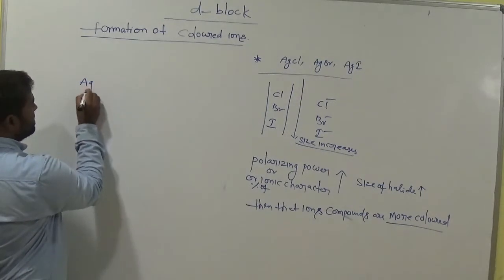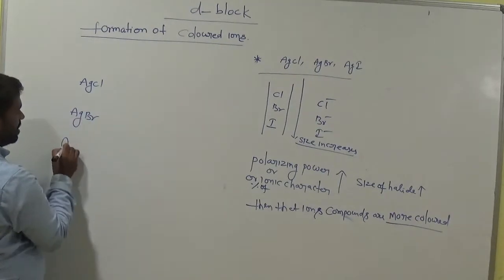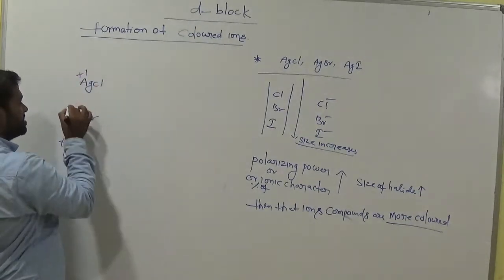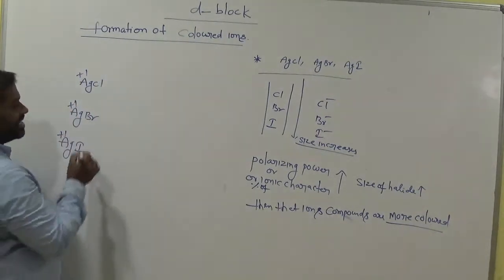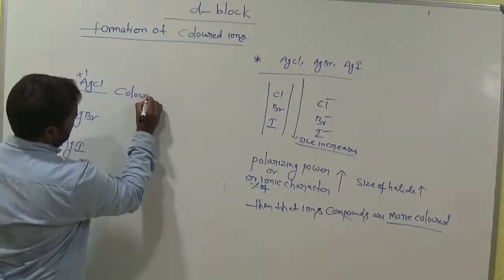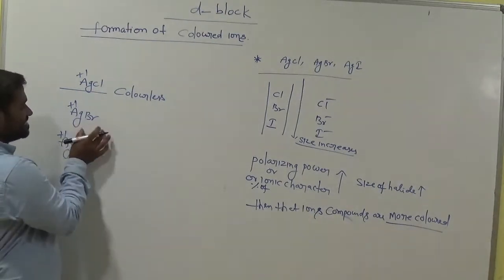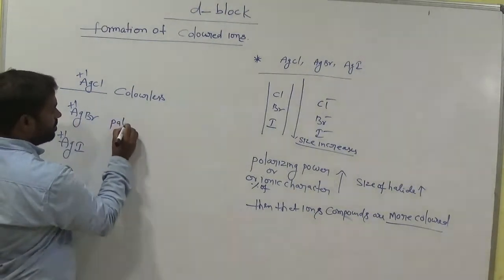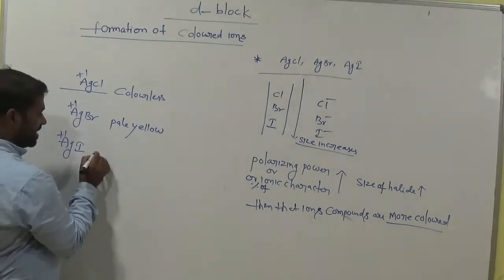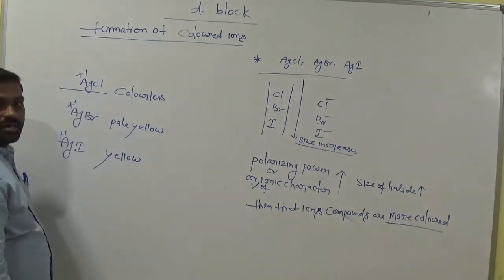Now let us take AgCl, AgBr, and silver iodide. What is the charge? Plus 1, plus 1, plus 1. Here AgCl is colorless, and AgBr is pale yellow. Here AgI is pure, thick yellow in color.